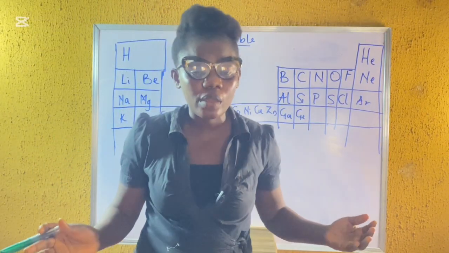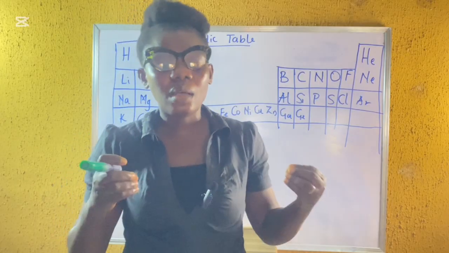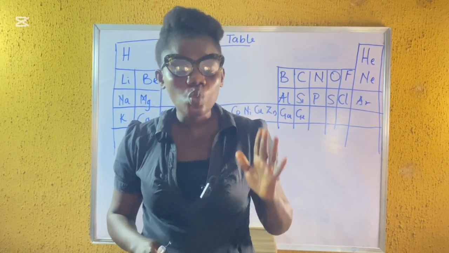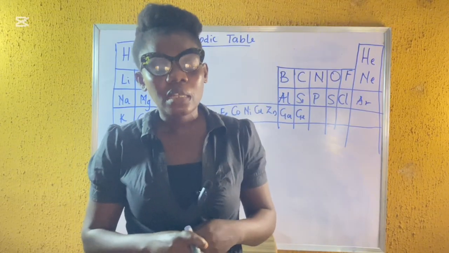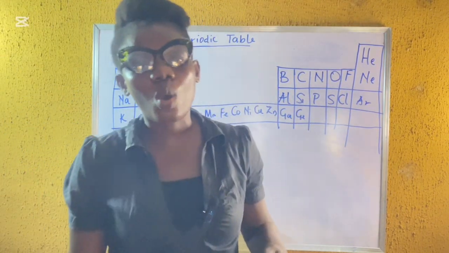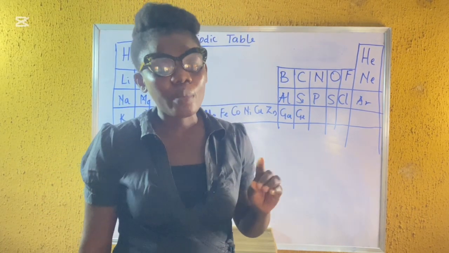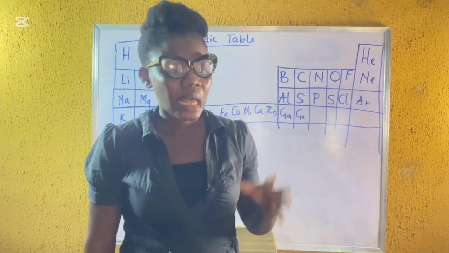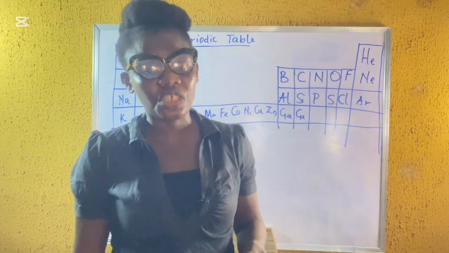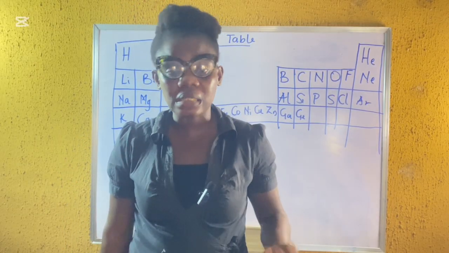Generally, we have 118 known elements that have been confirmed, starting from hydrogen, which is atomic number 1, to oganesson, which is atomic number 118. Oganesson has the symbol Og, and it is unstable, it is a noble gas, and it is synthetic.